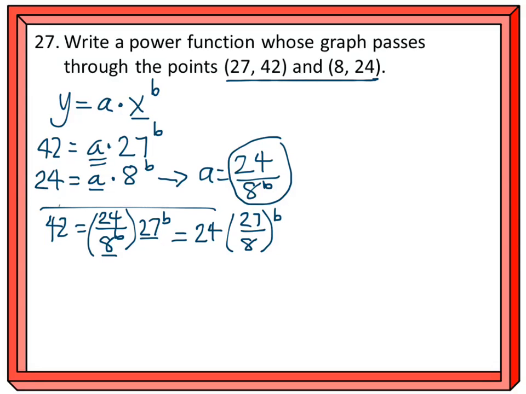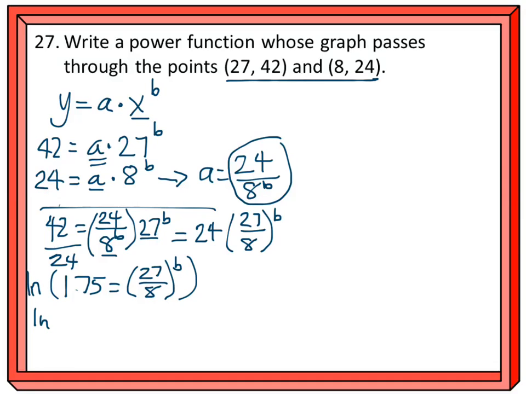Okay, so to further simplify this, let's divide by 24, and 42 over 24 simplifies to 1.75, is equal to 27 over 8 raised to the b. Now, since I'm trying to find a variable that is in the exponent, in order to solve it, I'm going to have to take the log of both sides. Let's just take the natural log of both sides. Natural log of the left side, nothing spectacular happens.